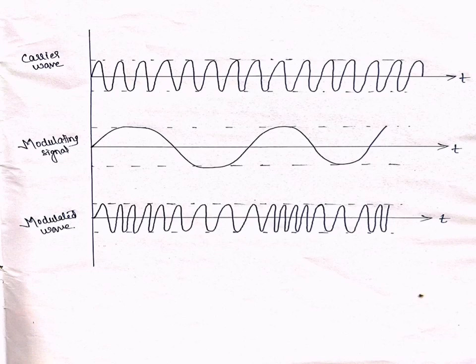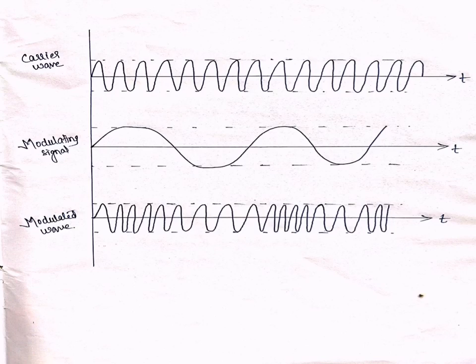Okay, so in case of modulating signal, it is a low frequency signal, right? Our information signal. Okay, now third one is your modulated wave. Modulated wave is actually carrier wave after modulation. It is actually EFMT. The last one is EFMT.